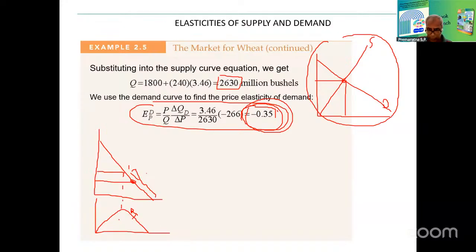Maybe some of you are thinking, why did I say that? Now look here, the elasticity at point A, for example, and here, the maximum willingness to pay point.